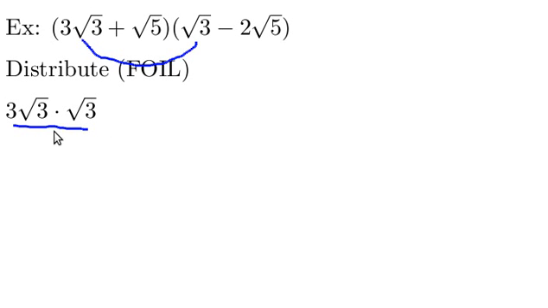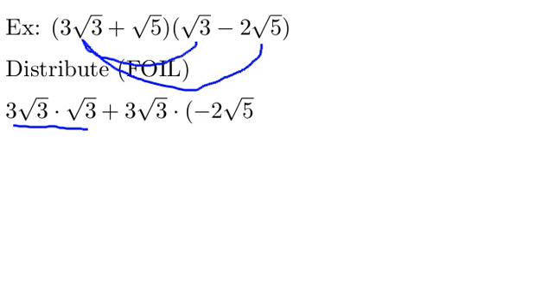Now for the next part, this is the outers. The outers is going to be plus 3 times root 3 times negative 2 times root 5.